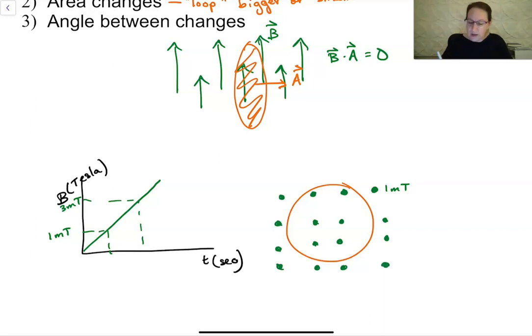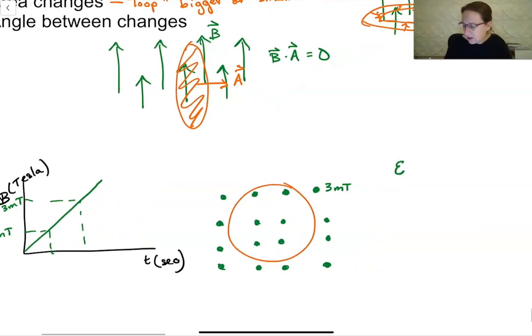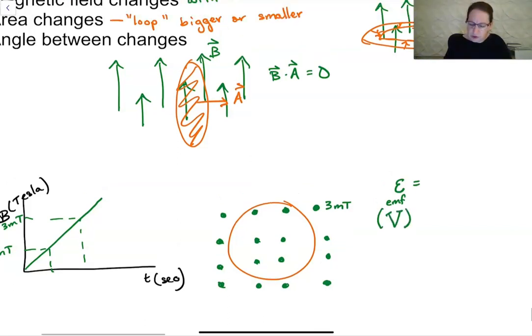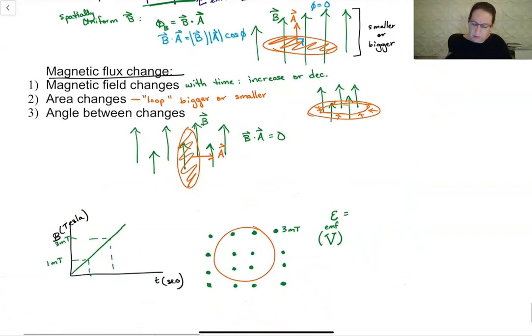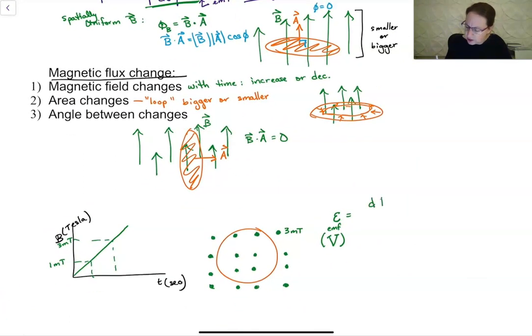Okay, so these dots are getting bigger, and what happens is then we can calculate the induced voltage. We'll get a voltage difference throughout this ring, and the induced EMF, which is a voltage, is equal to the change in the magnetic field dot the area, in time.